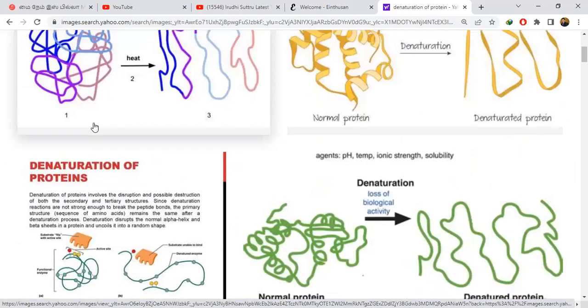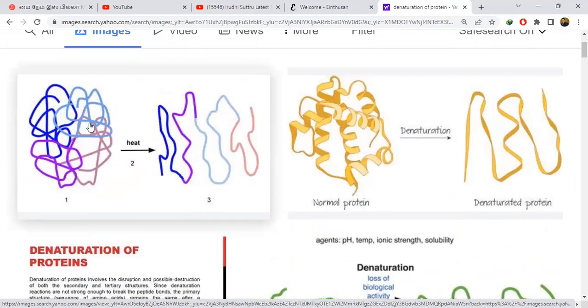Normally, in a protein molecule, there will be a three-dimensional structure. Due to certain agents, that three-dimensional structure is lost.